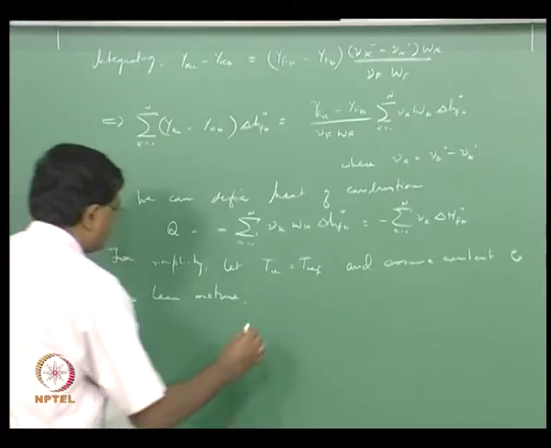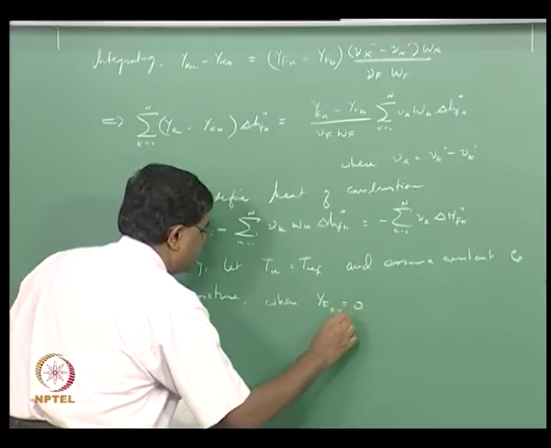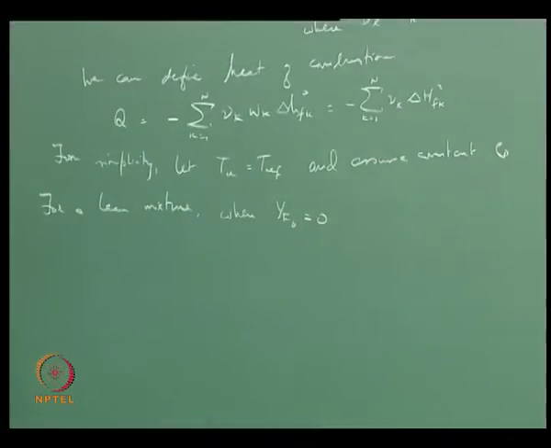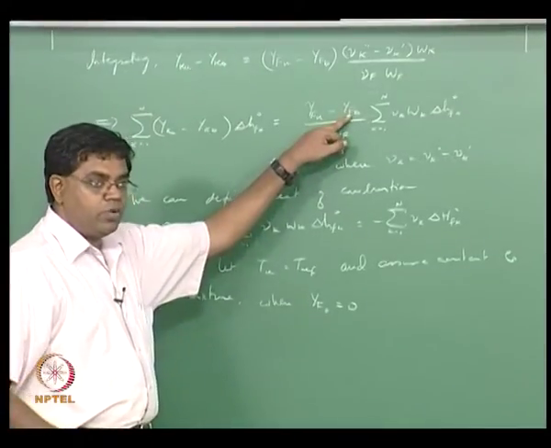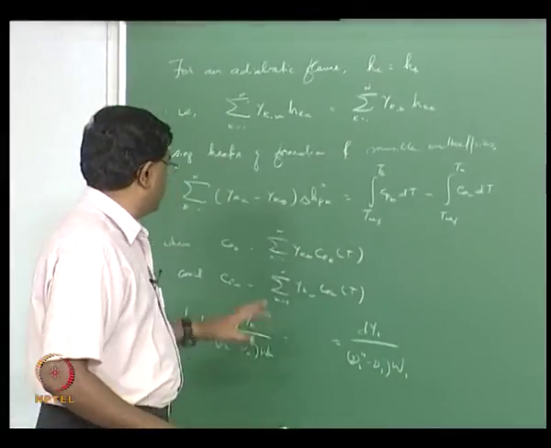when Y_b equal to 0, that means you're running out of the burnt fuel because you don't have any of it in excess, as for a lean mixture. Then all you do is just plug in Y_b equal to 0 here, that's what you would do for the left hand side.